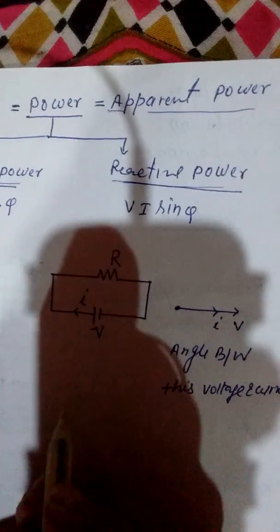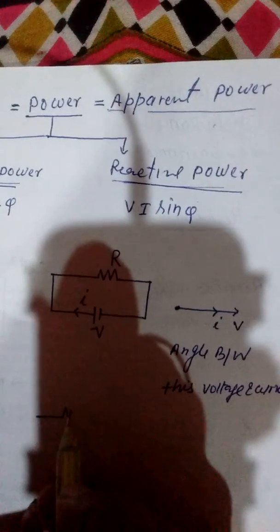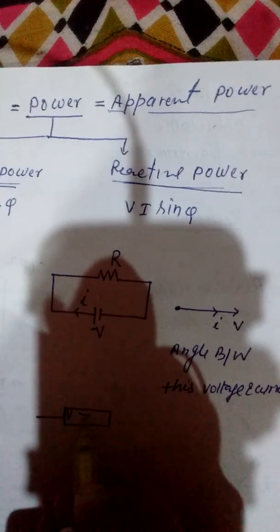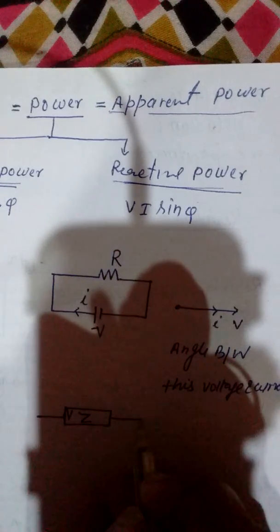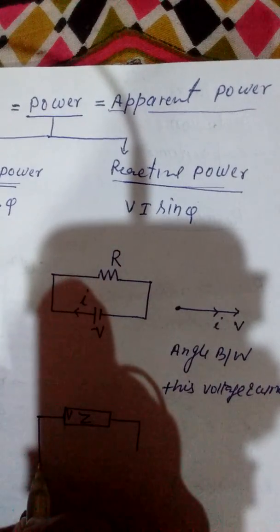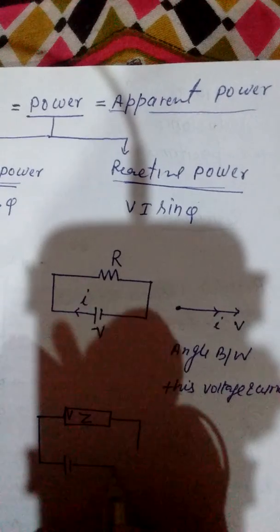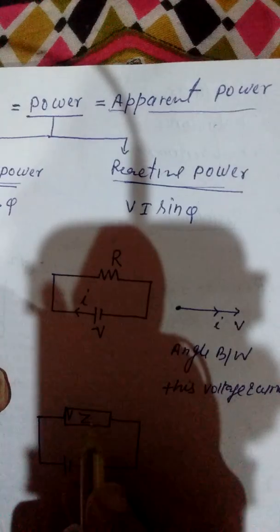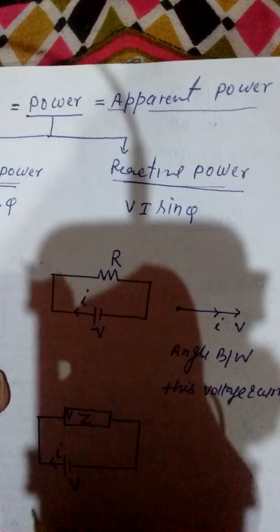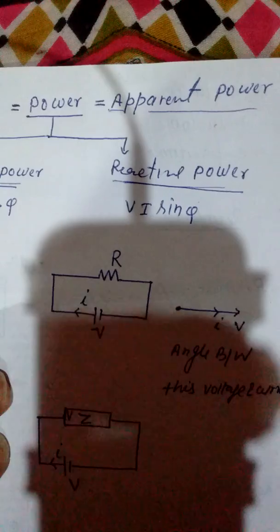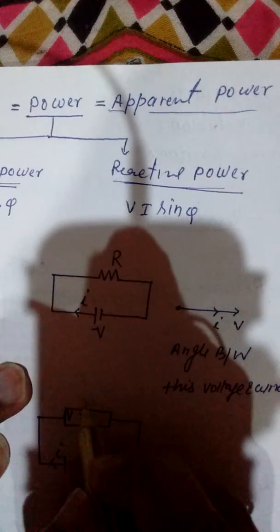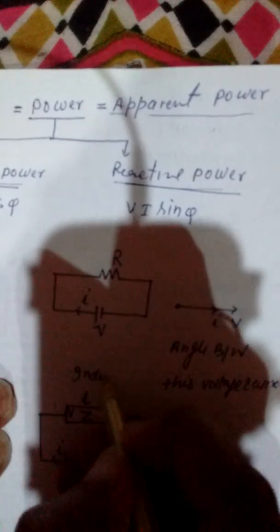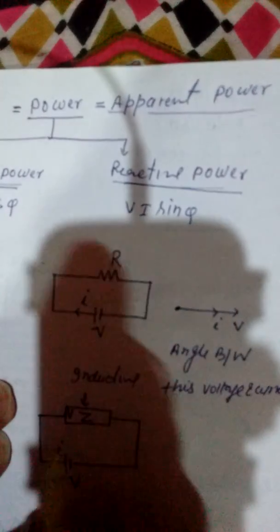Now if you consider this circuit is not purely resistive, but it has impedance Z and is energized by a battery source V. Then current I will flow in this circuit, and assume this load Z is inductive.